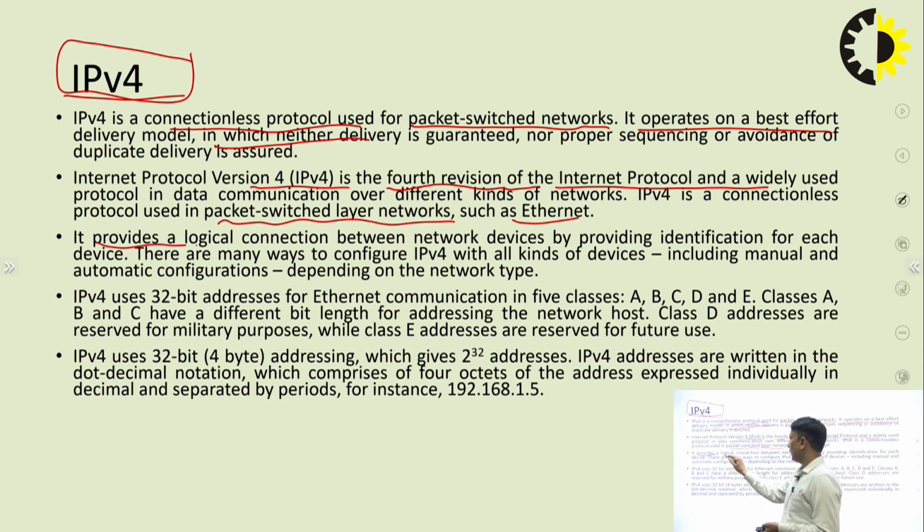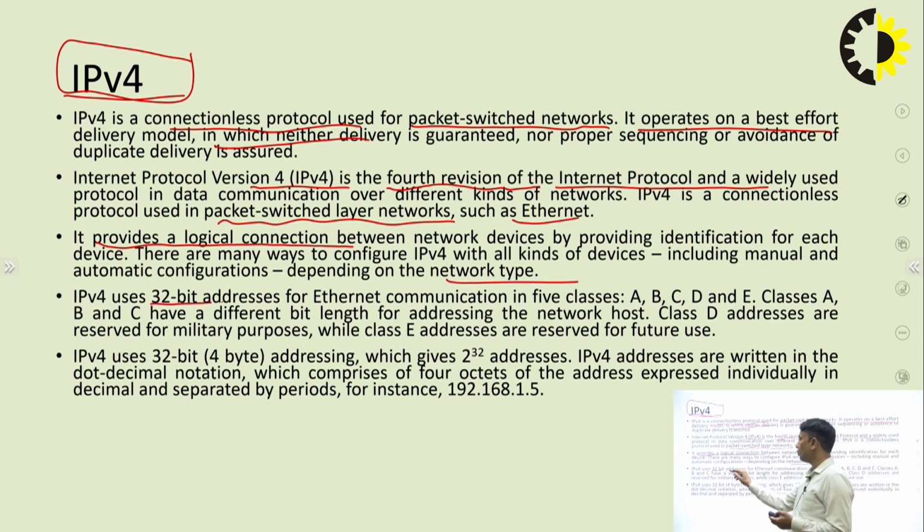It provides a logical connection between network devices by providing identification for each device. There are many ways to configure IPv4 with all kinds of devices, including manual and automatic configuration depending on the network type.